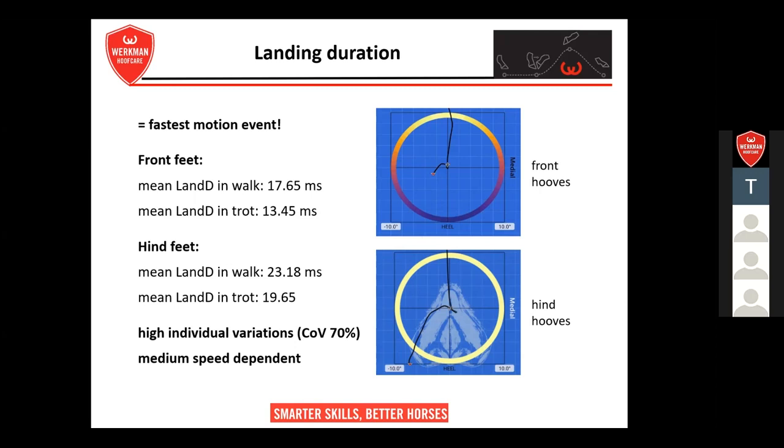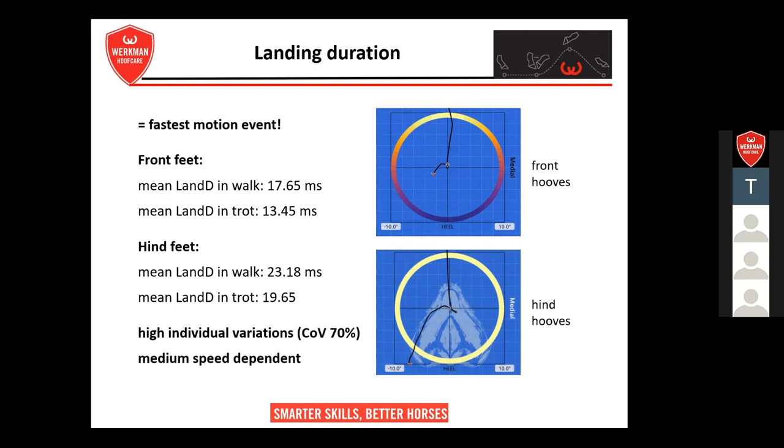This might be because in the front feet we have more variability in the landing pattern, and we see more horses with a flat landing. In the hind feet, as I will show you in a few slides, we have a dominance of heel landing. If you have heel landing, the hoof needs more time to have full ground contact. So this would explain why we have longer landing duration in hind feet.